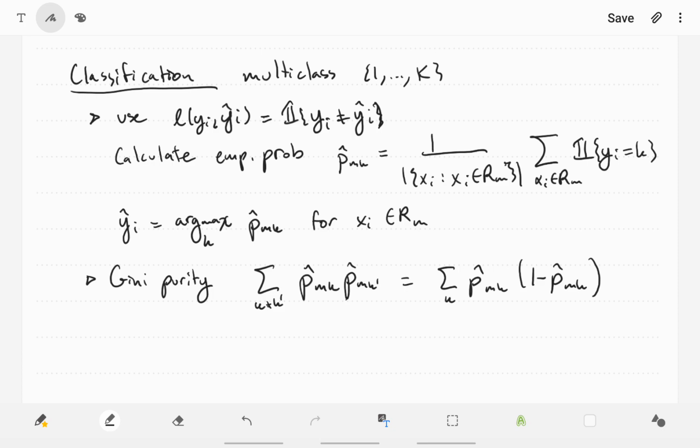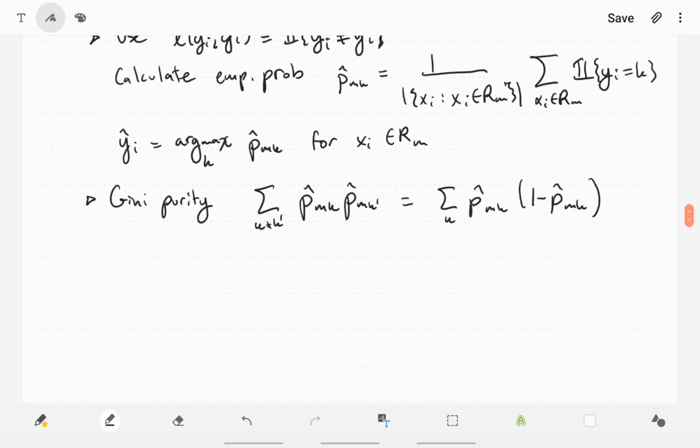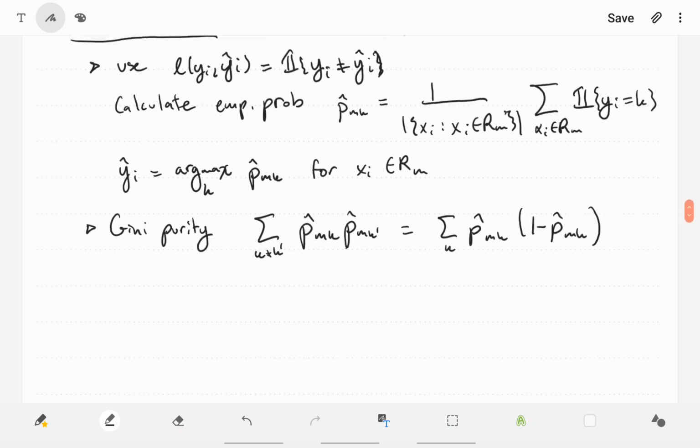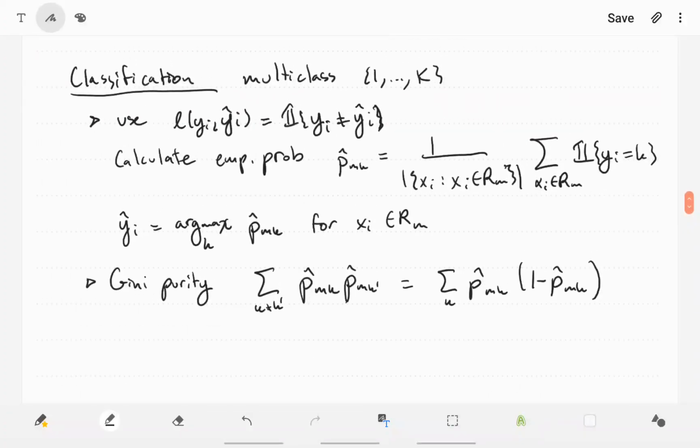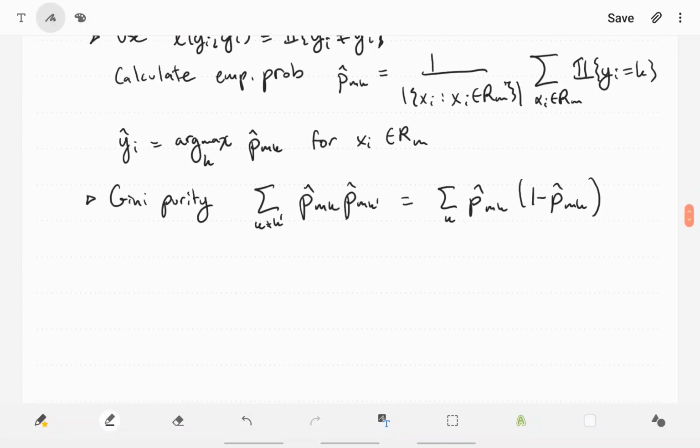You can imagine if p hat is 1 for one k, and 0 for all of the others, then that's the extreme case, the value it can attain at its most pure. That's one measure that we might use for selecting our regions, and this measure would be accumulated over regions.